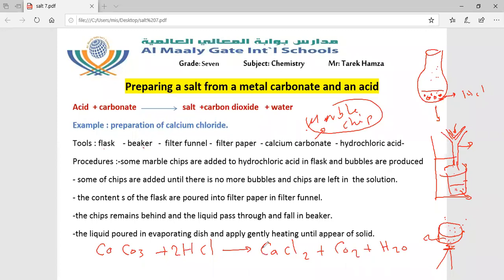This is the equation, do you understand this?